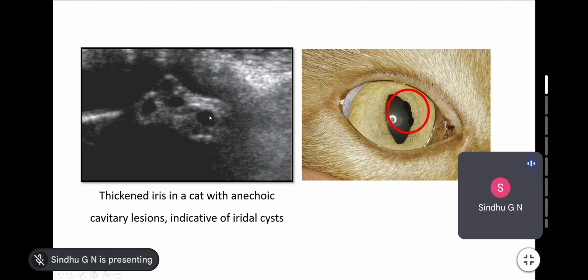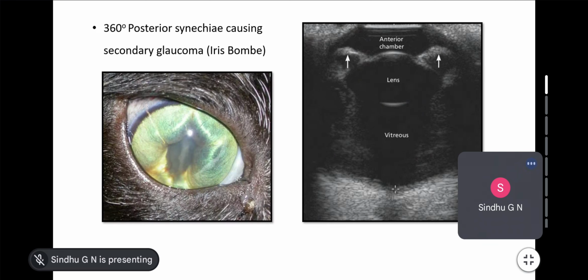Then posterior synechia or attachment of the iris to the lens. So we can see from this picture, iris is folded backward and attached to the lens, and it is 360 degrees like that. So what happens is that aqueous humor produced behind the iris is not able to come out through the pupil and get drained. So that causes secondary glaucoma.